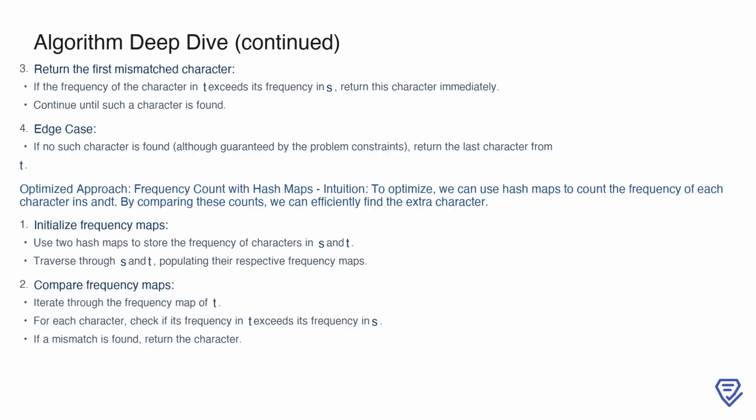To optimize the brute force approach, we can use hash maps to count the character frequencies in both strings. By storing these frequencies in hash maps, we can compare them more efficiently and find the mismatch much faster. First, we initialize two hash maps to track the frequency of each character in S and T. Then, we traverse both strings to populate these maps.